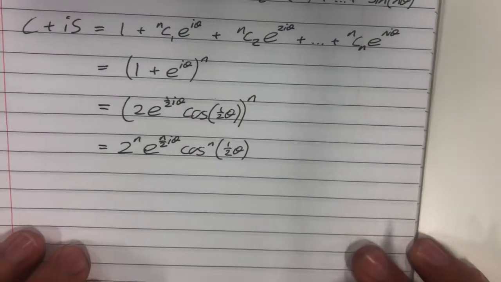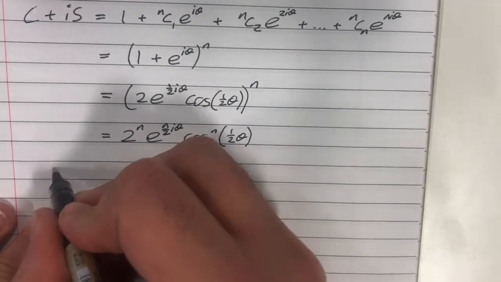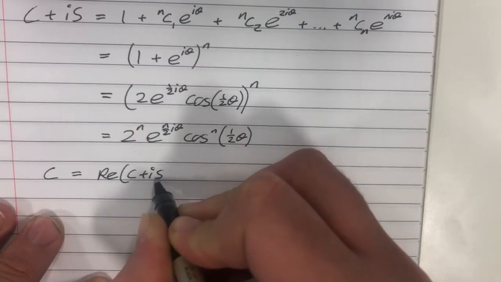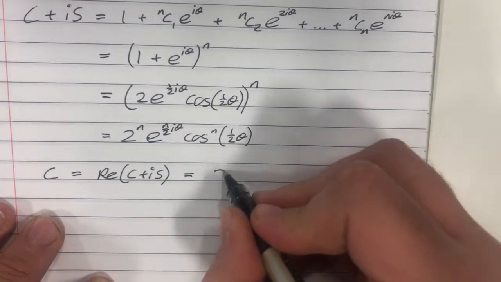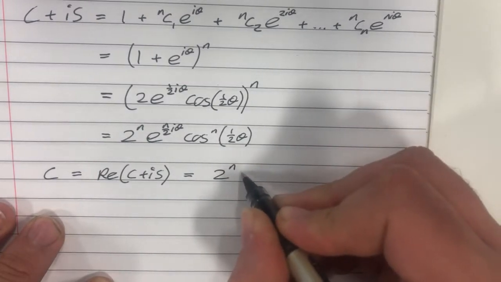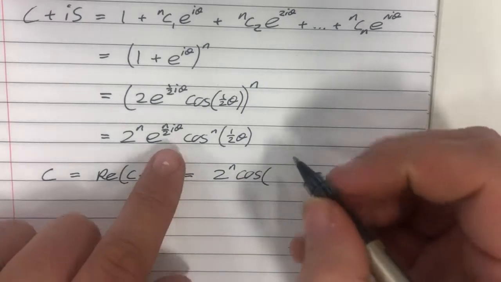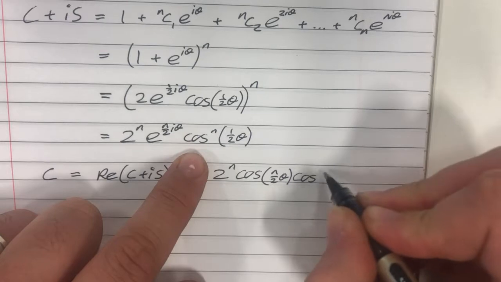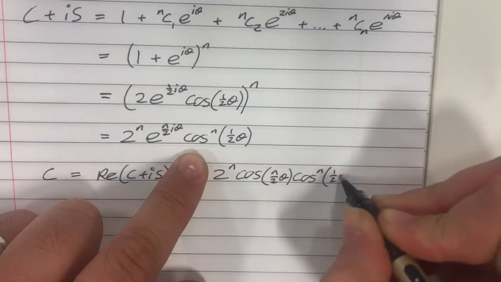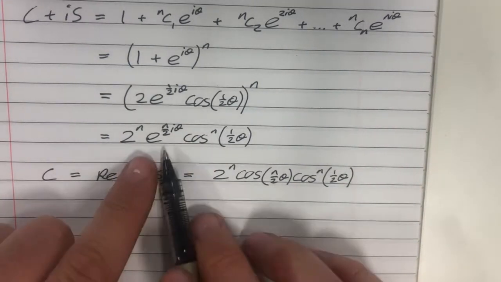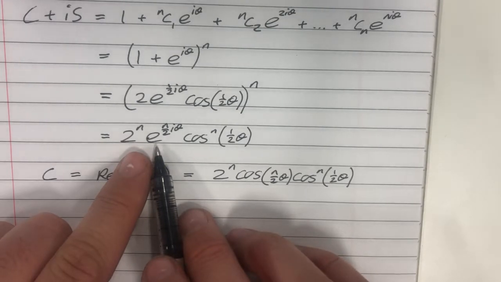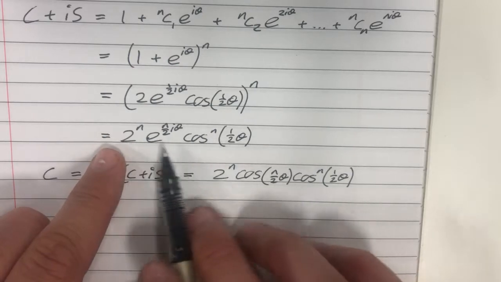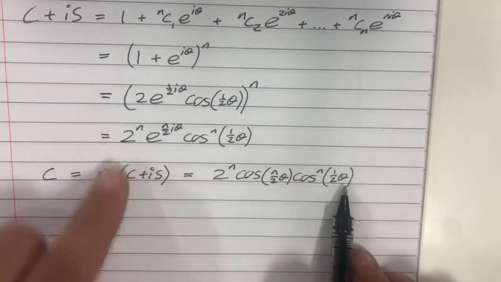And now finally, we can state that C is equal to the real part of C plus iS, which is therefore 2 to the n cos of n on 2 theta times cos to the n of a half theta. Okay, that's the real part of this. Don't forget that this is cos of n on 2 theta plus i times sine of n on 2 theta. So taking the real part, that's real, times the real part of that gives this.